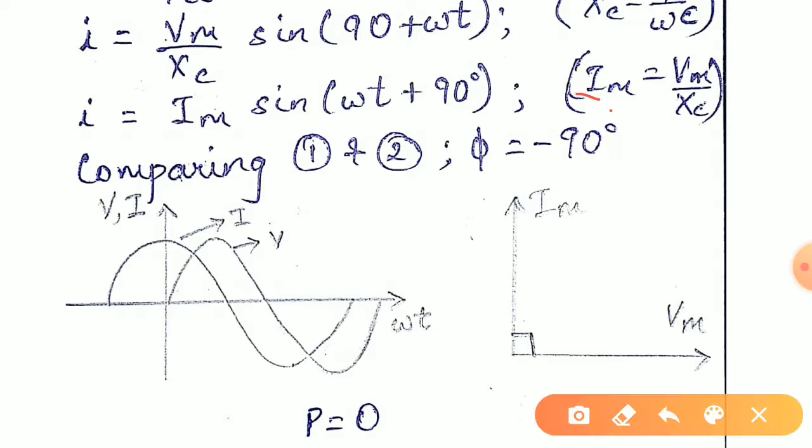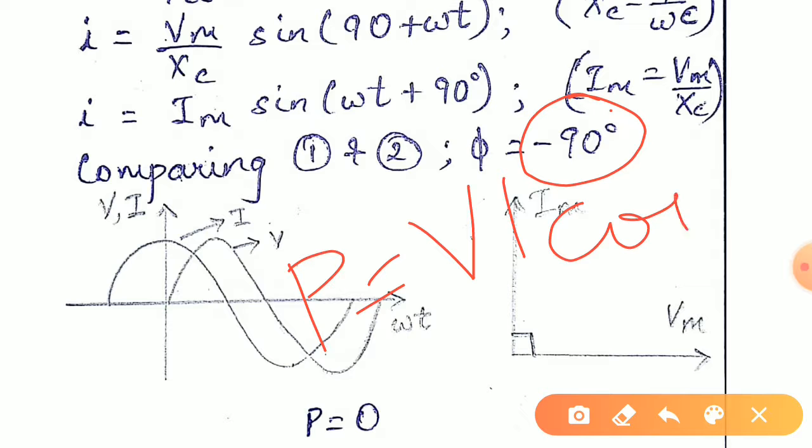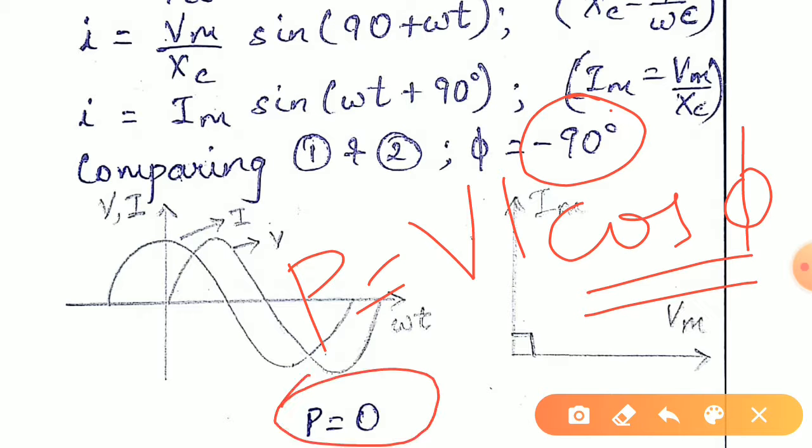When this 90 degree value is substituted in the equation of power, which is VI cos phi, then we have power value 0 for an AC circuit containing pure capacitor only.